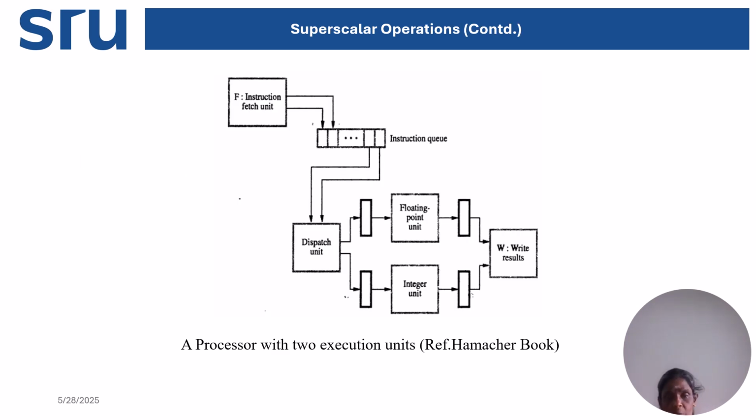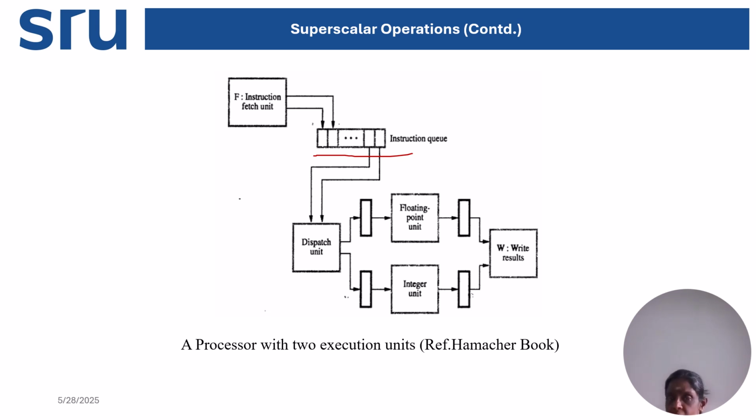Next one. This is diagrammatically explained in this slide. First one, instruction fetch unit. And then instructions are kept in a queue in this block. And then the dispatch unit, whose outputs are going to the floating point unit and integer unit.